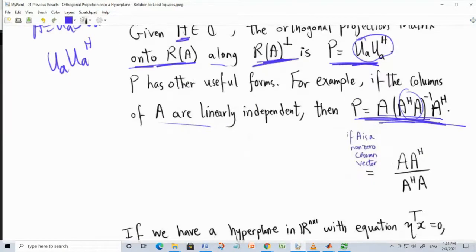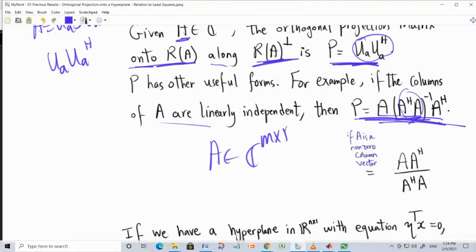Then if A happens to be just a single column, so if A is just m by 1, then A Hermitian A becomes a scalar, right? Because A Hermitian A is of size n by n if A is m by n.